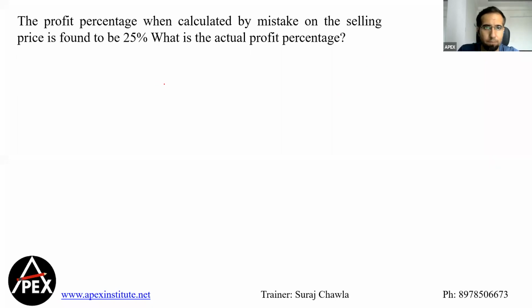This says that the profit percentage when calculated on selling price is found to be 25 percent. What is the actual profit percentage? Please remember, the actual profit percentage is profit by CP into 100. By mistake, this profit is calculated on selling price, which means if SP is equal to 100x, they calculate 25% of 100x, so there's a profit of 25x.